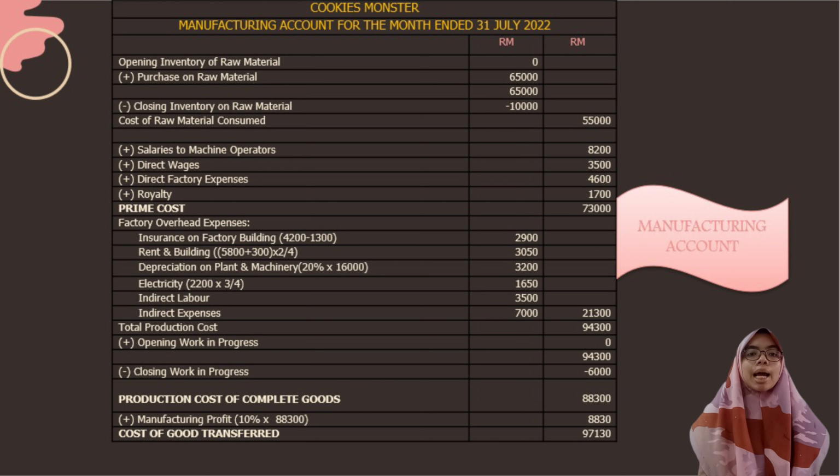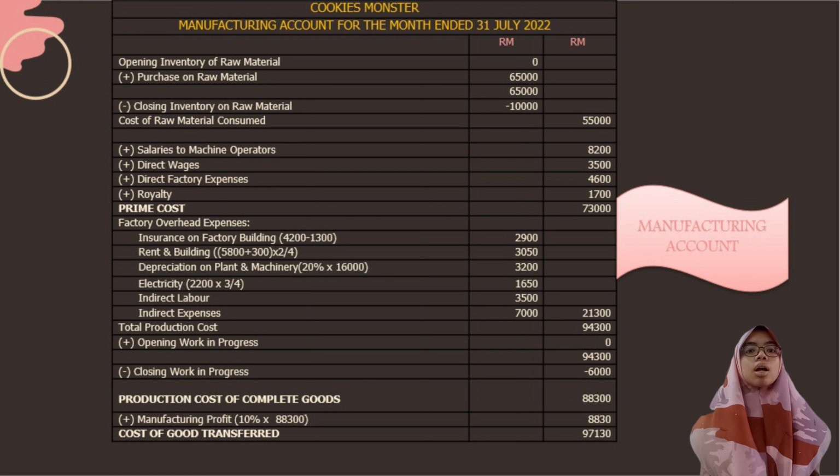Moving on to prime cost, we got 73,000 because we add our full salaries to machine operators, direct wages, direct factory expenses, and royalty. After that, our total production cost is 94,300.